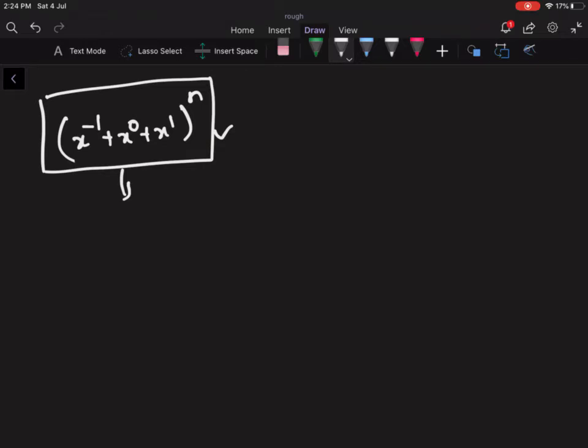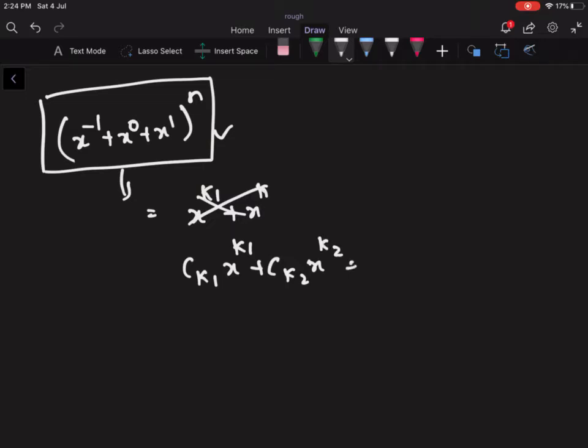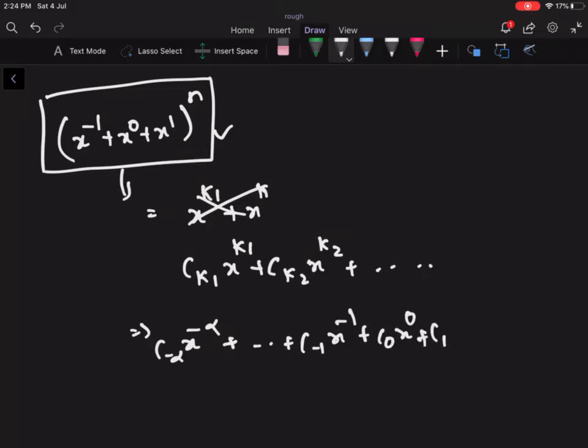That is, the expansion has terms like x power minus infinity with coefficient c minus infinity, and so on, c minus 1 into x power minus 1, c 0 into x power 0, c 1 into x power 1, c 2 into x power 2, and so on, c infinity into x power infinity.